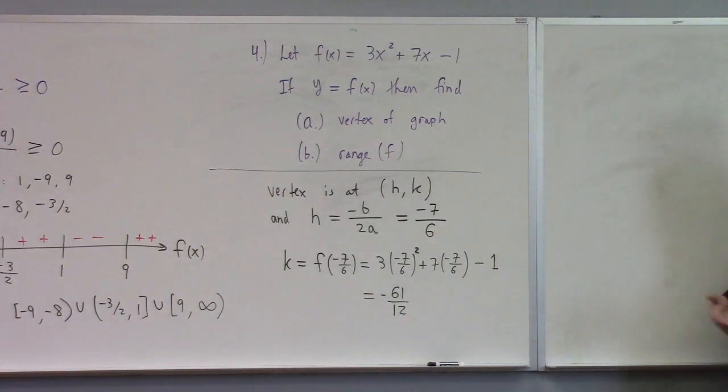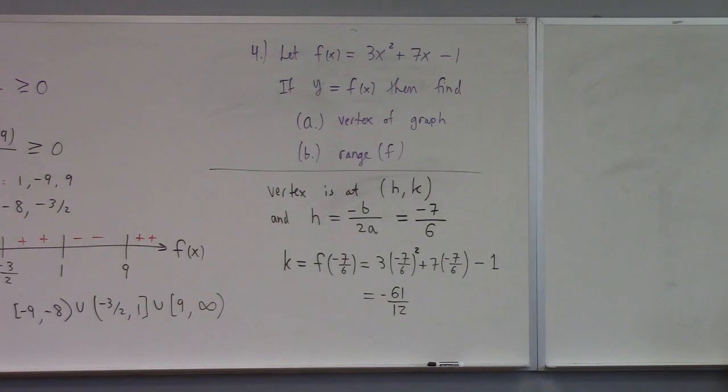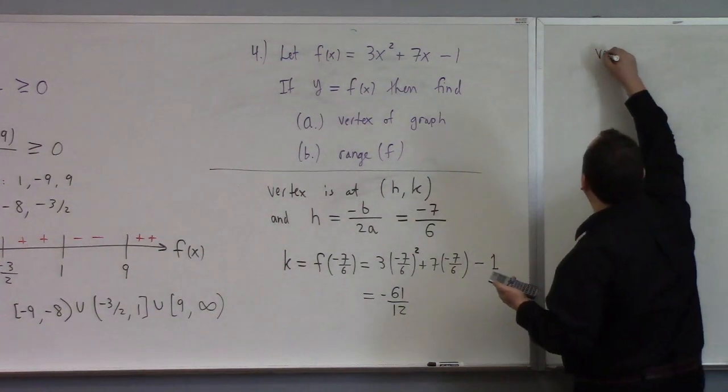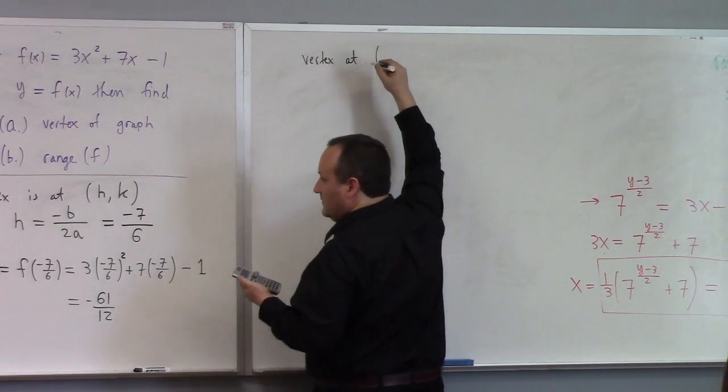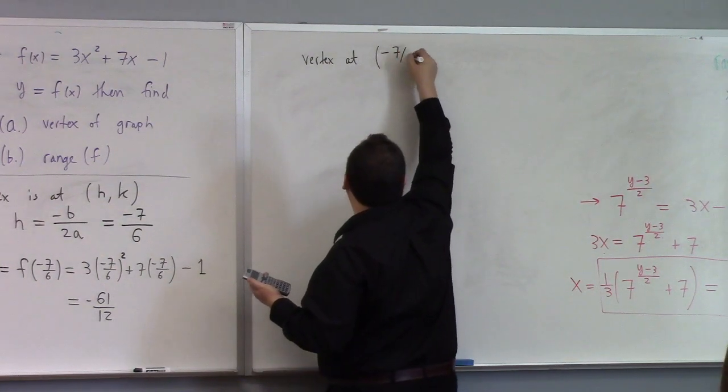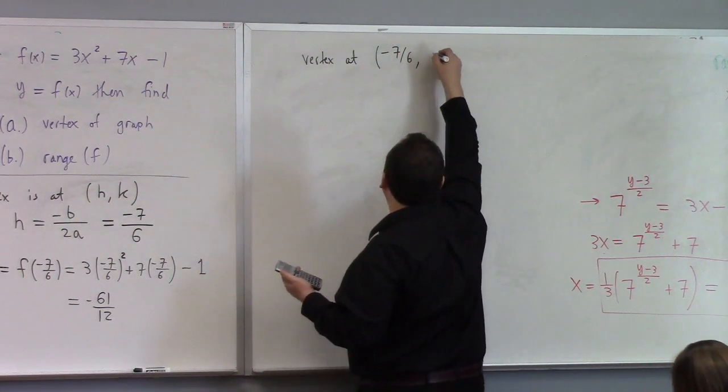If you just have formulas without a reminder for yourself in words of what it means, those formulas aren't particularly useful, right? What would be most useful is if you have the formula and a little example. Here's a formula, here is the vertex. That would be best for you in terms of just having a safety net for this kind of problem on your final, right? So the vertex is at, where was it? Minus 7/6. And apparently minus 61 over 12.